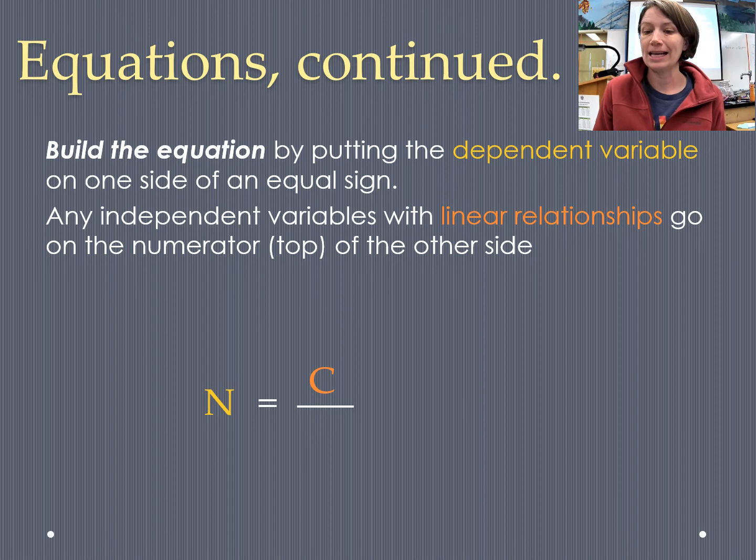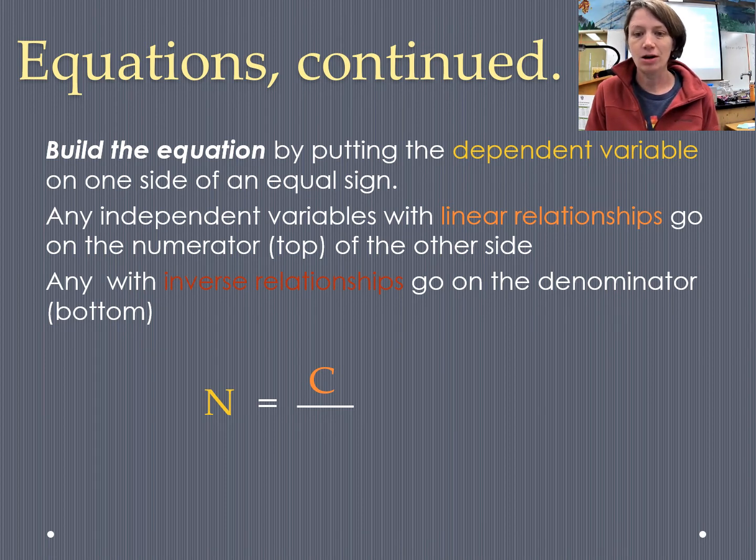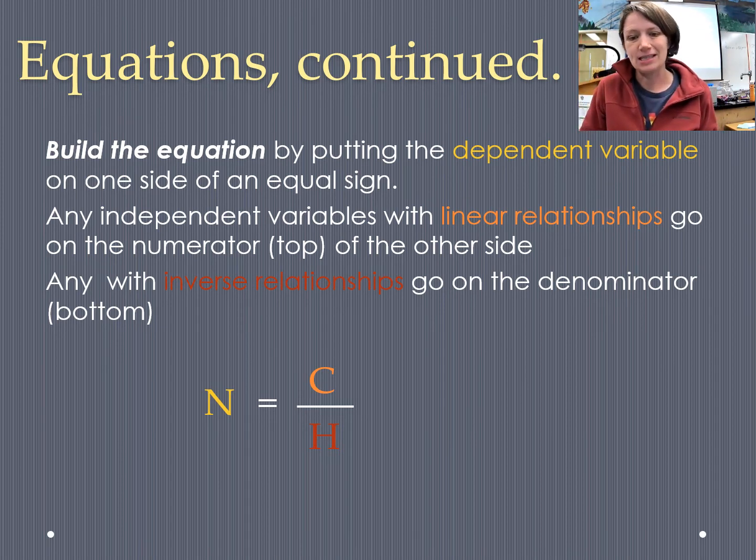So we decided that candy was linear with n because more candy means more niceness. Therefore, we put the c on the top of that fraction. Any variables that had inverse relationships with n are going to go on the denominator, which is the bottom. So we've decided that increasing homework actually decreases niceness, and that's why it goes on the bottom of this fraction when it comes to making our equation.